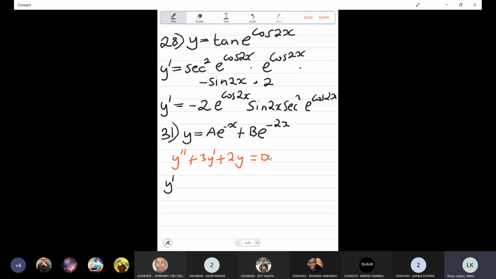So y prime, differentiate this. This is negative a e to the power of minus x. And the derivative of this is negative 2b e to the power of minus 2x.